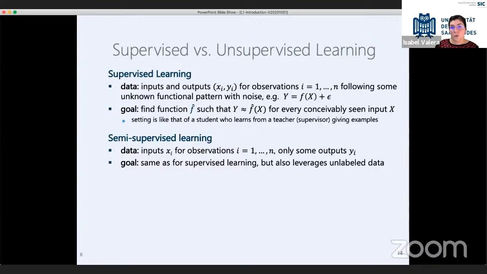In the semi-supervised learning setting, for some of the data you get X's and Y's, but for other data you only get the X's. The whole idea is that you don't discard the X's for which you don't have the Y's, but rather use the information contained in them to make better predictions for the Y's.